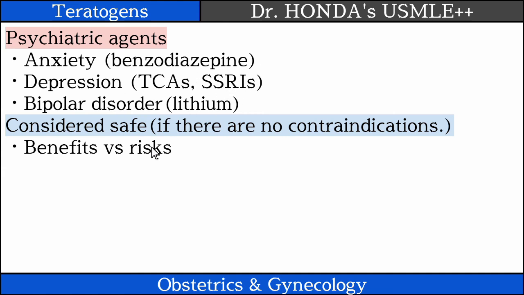But again, it is all about benefits and risks. When your patient has psychosis which is not controlled, and there's a risk of homicide or suicide, you want to use some of these drugs. So you want to consult an OBGYN doctor and also a psychiatrist, right?